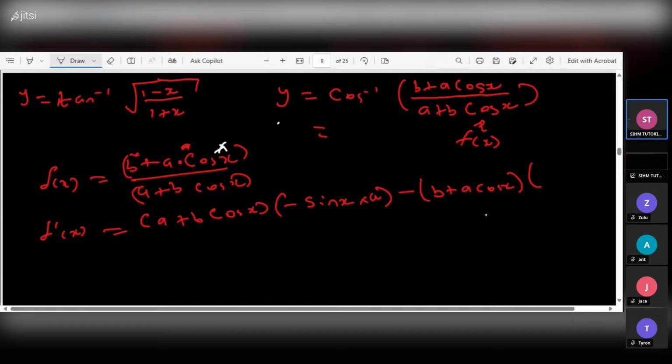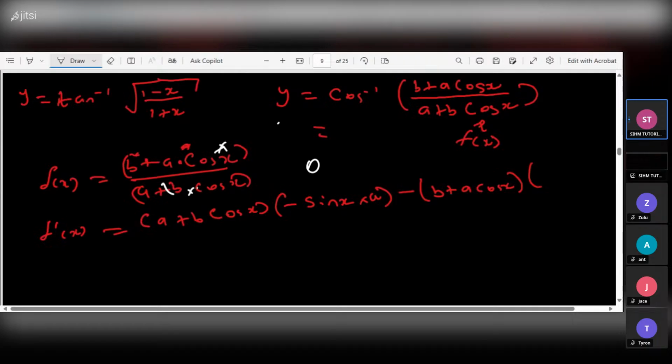Now we need to derive the denominator, which is a plus b cos x. As you know, when we derive a, it is a constant, so we are going to get 0. Any constant derived is going to be 0. So we're going to have this one left with us.